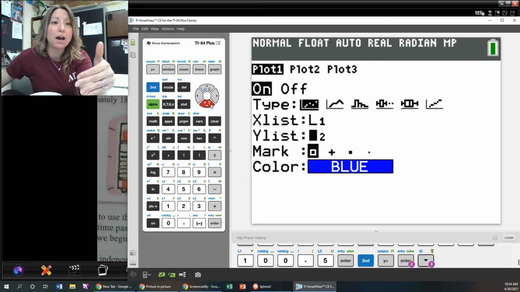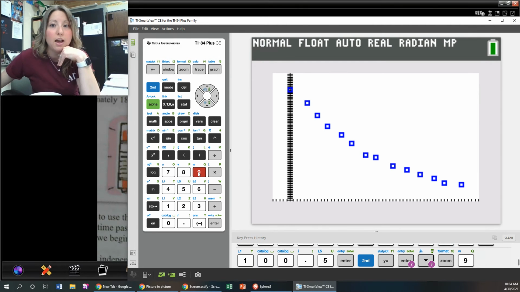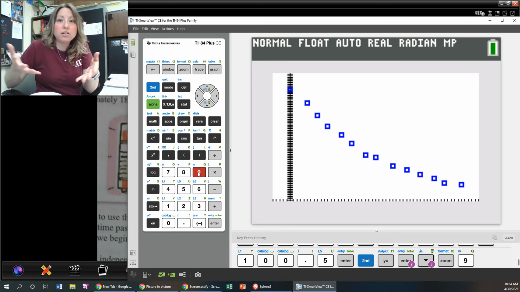I need to look at a correct quadrant 1 with a good scale for the data I have. So I press zoom, and notice we've got zoom stat down here, number 9. You can either arrow down and highlight 9 or just press 9. And notice there's our data nicely plotted for us.